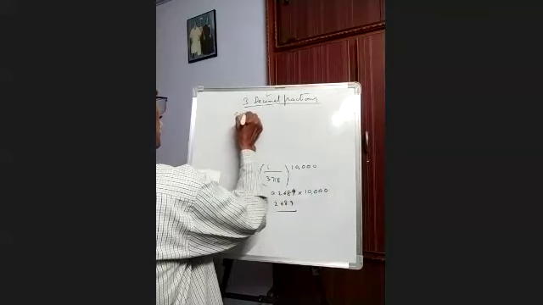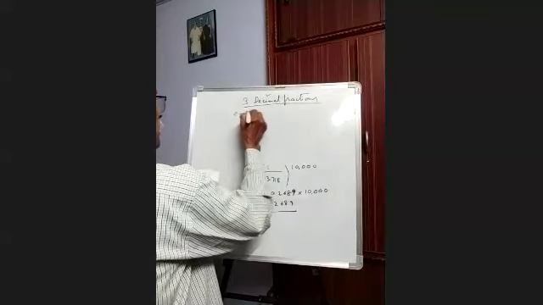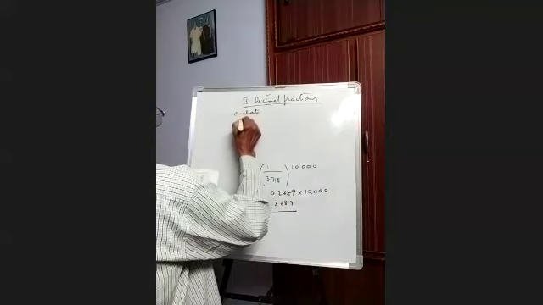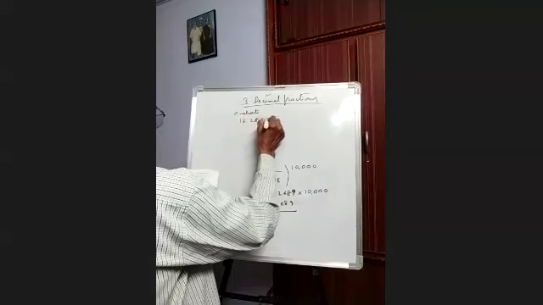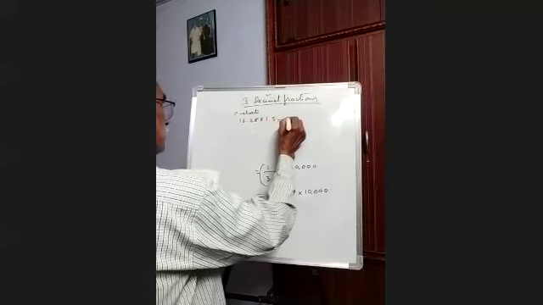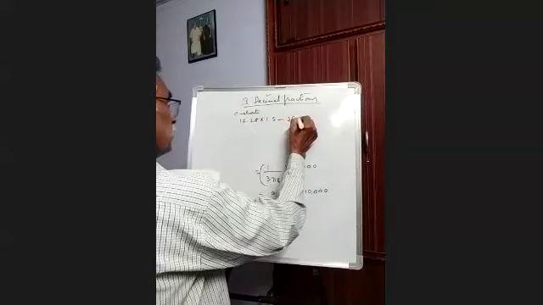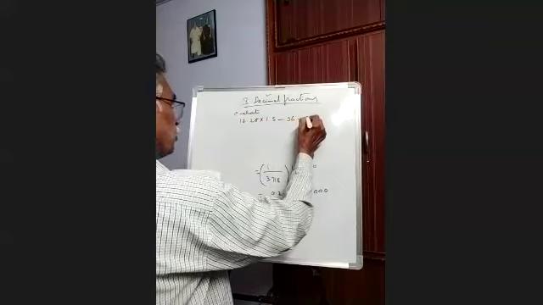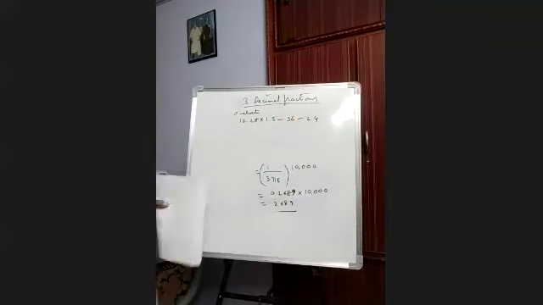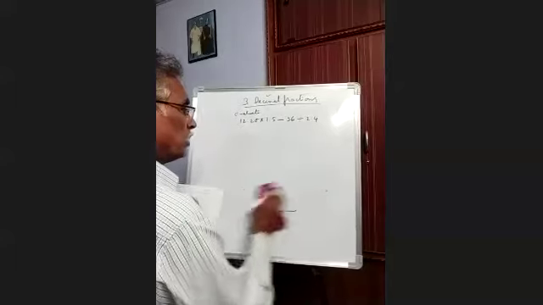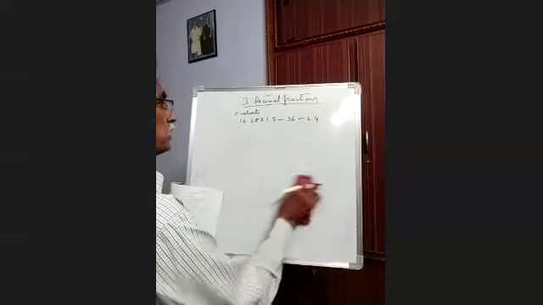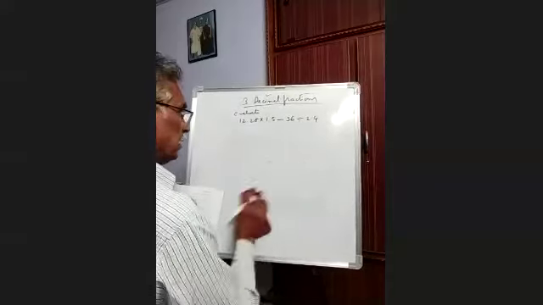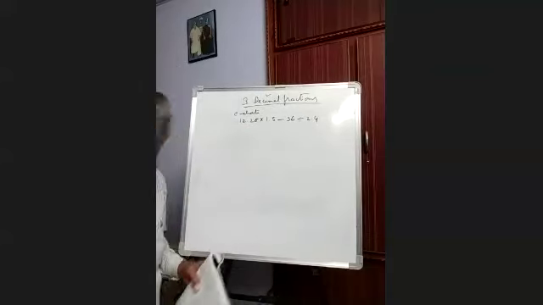Evaluate 12.28 into 1.5 minus 36 divided by 2.4. You know the BODMAS rule: brackets, divisions, multiplications, additions, and subtractions.